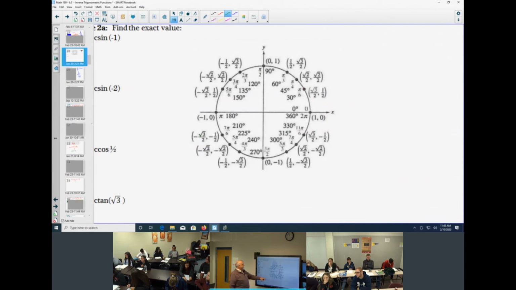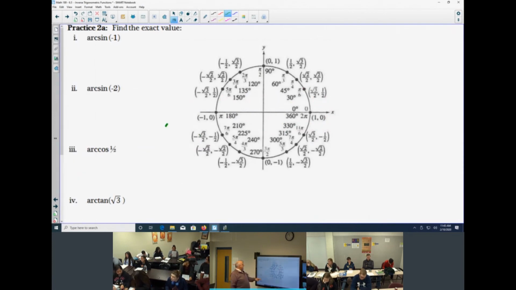Okay. So here, if I say this, the sine of 3 pi fourths. So then you say, okay, that's right here, radical 2 over 2. But then when you do the arc sine, you've got to be in one of these two quadrants. So then you say, what angle has a y value of radical 2 over 2?